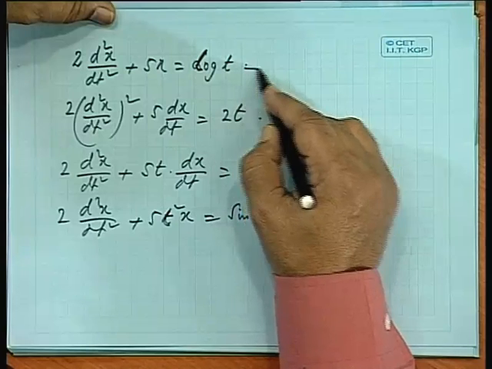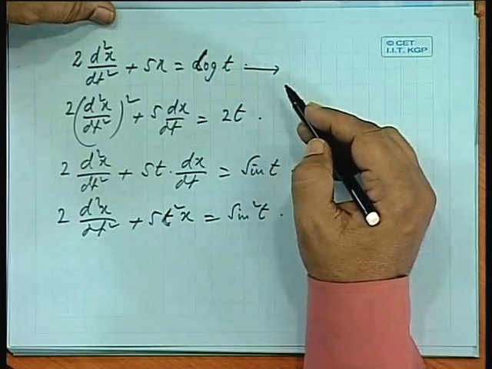The first one is a linear system. This is a nonlinear function of time t, but it is a forcing function, so the system's nature is independent of the forcing function.